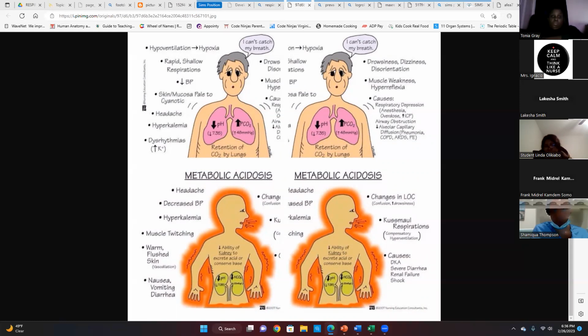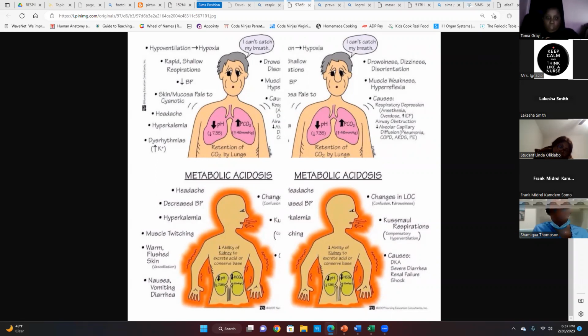Metabolic acidosis can be caused by shock, diabetic ketoacidosis, renal failure, and diarrhea. Any questions on the acidosis, metabolic and respiratory?